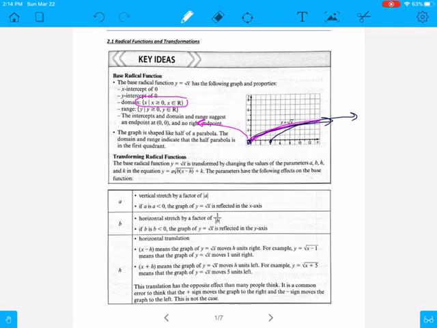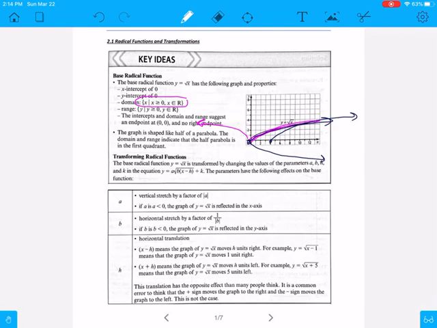Then it would be less than or equal to 0. And what else could move it? A vertical translation. So your vertical translation can move your range, and your horizontal translation can move your domain. And if there's a reflection, it makes it less than. And if there isn't a reflection, it makes it greater. And the stretches don't affect your domain and range at all.